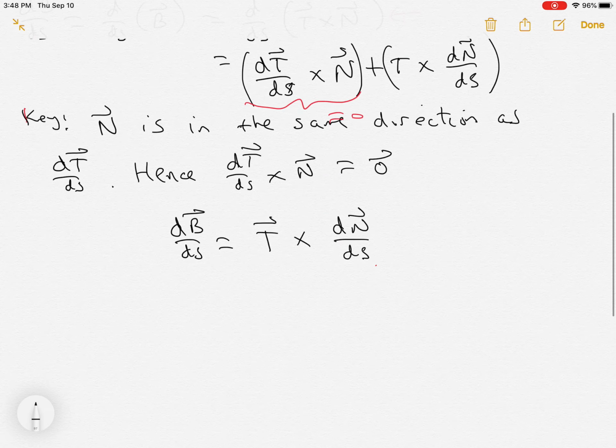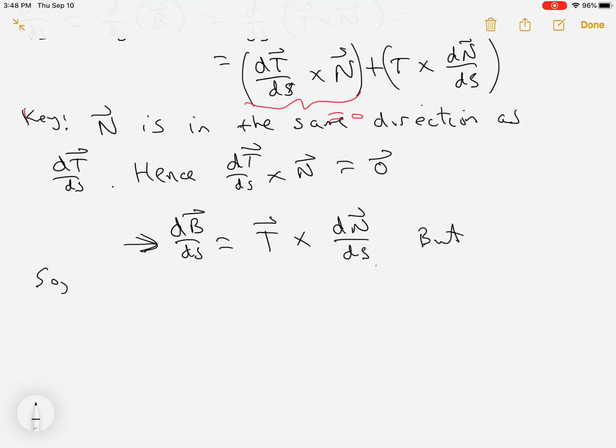Those are all vectors. Okay. But the derivative dB/ds is orthogonal to T. So the derivative of B with respect to S is orthogonal to T.